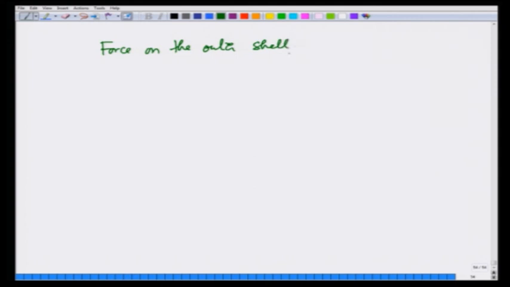is lambda per unit length, which is going to be equal to 2 pi b per unit length times sigma, where sigma is the surface charge density, times electric field, and this is nothing but lambda.